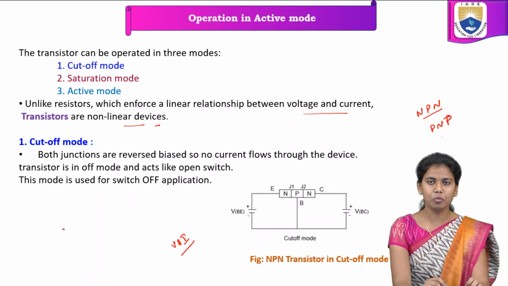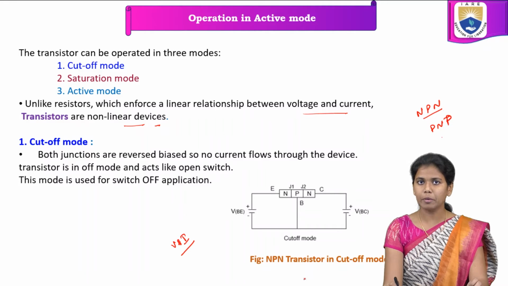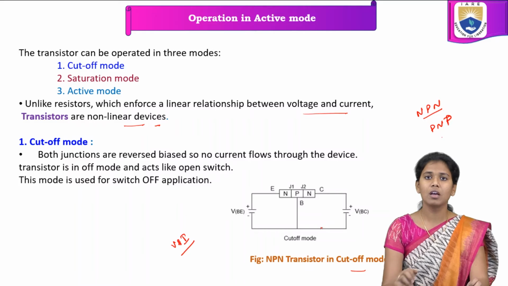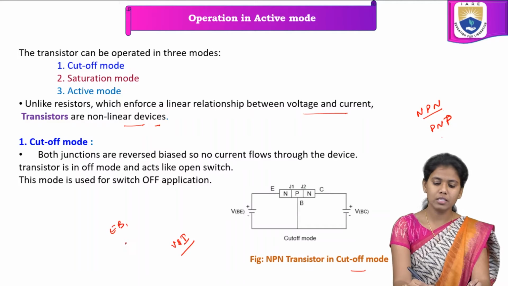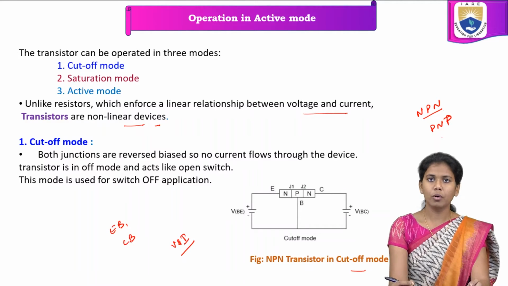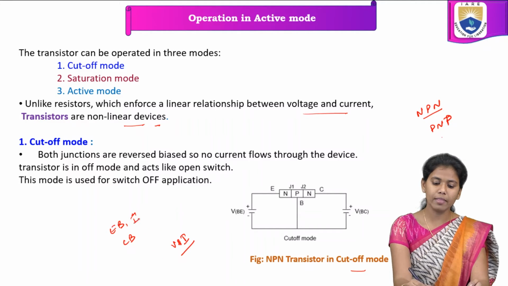What does the cutoff mode say? If you observe here, this is the NPN transistor in cutoff mode. In this NPN transistor, two junctions are formed: the emitter-base junction and the collector-base junction.